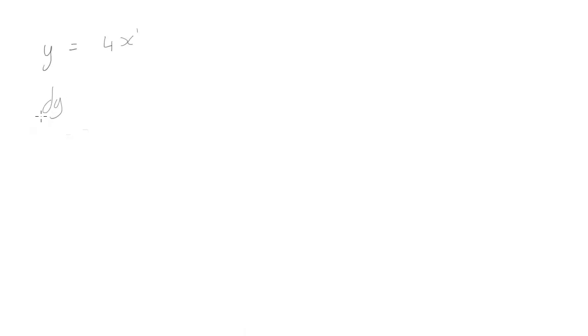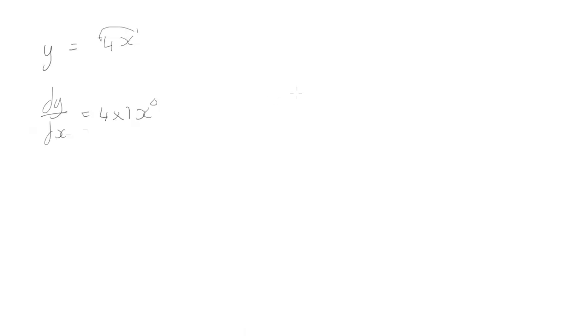So let's differentiate. dy over dx to say that we're differentiating equals, now our 1 comes down, and so we have 4 times 1, and we take 1 away from our power of x, which remains unchanged, and we have 1 take away 1, which is 0.